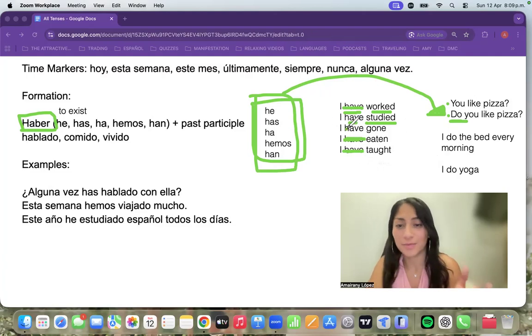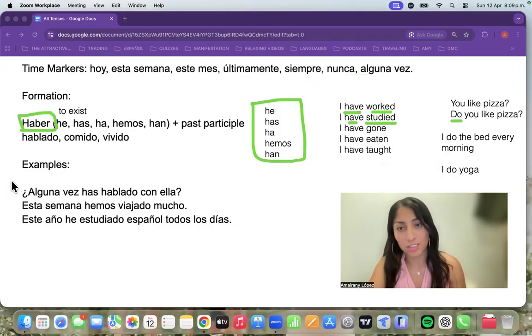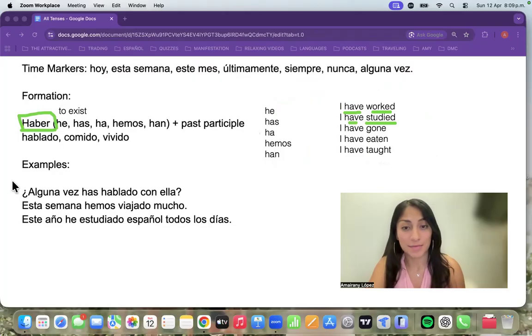It works with some, but for example, I gone, you cannot say that. So here and there, you will be able to use these ones without the have, but the present perfect needs to have these two elements for it to work. Okay, you cannot use one without the other. So in Spanish, it's the exact same thing.